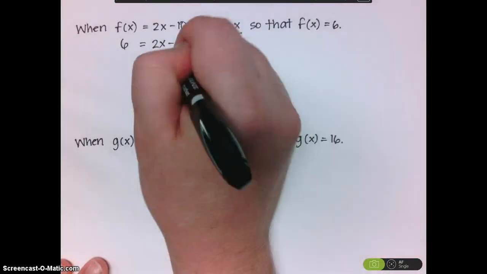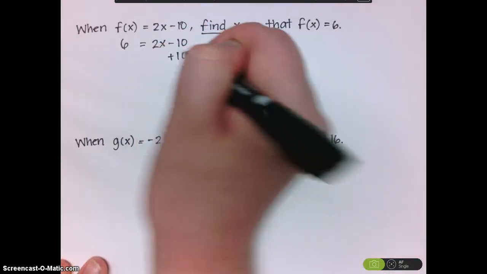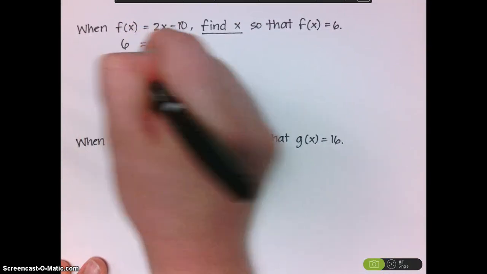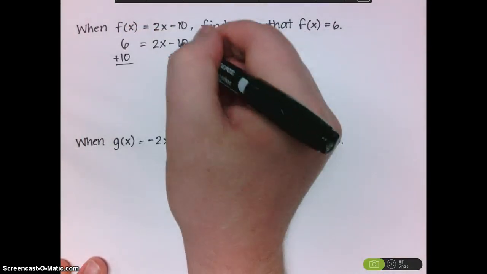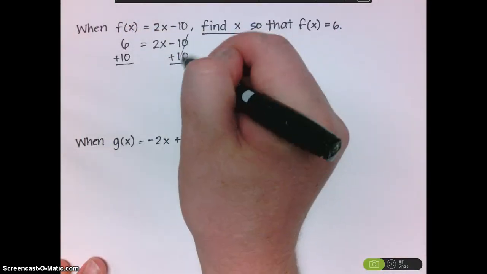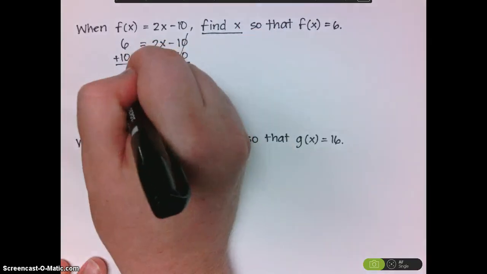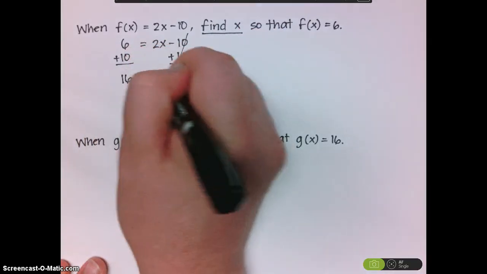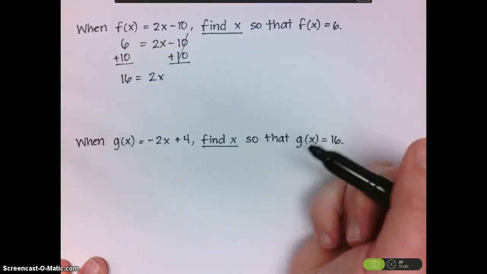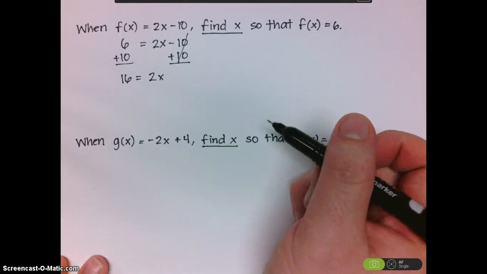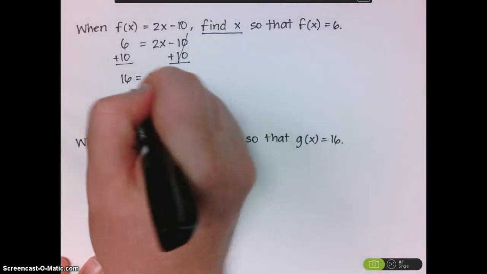So first I'm going to get rid of my lonely number by adding 10 to both sides. I know that negative 10 and positive 10 is going to cancel out. So on the left-hand side, I have 16 equal to 2x on the right-hand side. One more step to get the x by itself, divide both sides by 2.